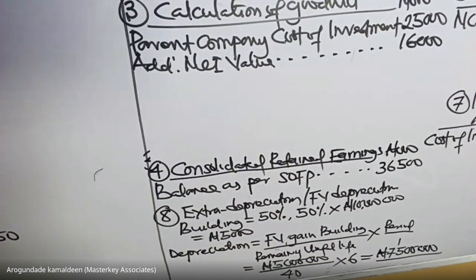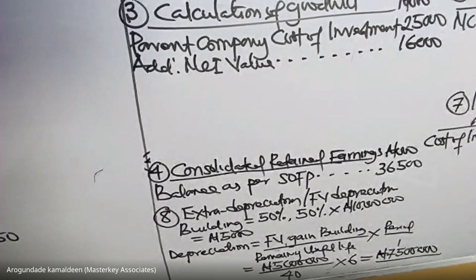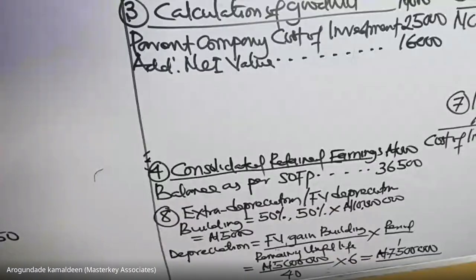Class, this asset is owned by the subsidiary, and the subsidiary has not captured this depreciation before it determines its retained earnings.